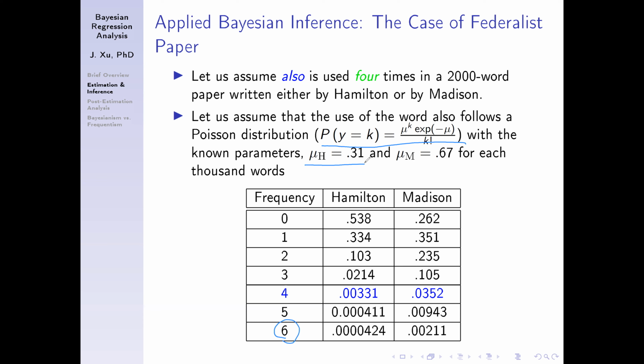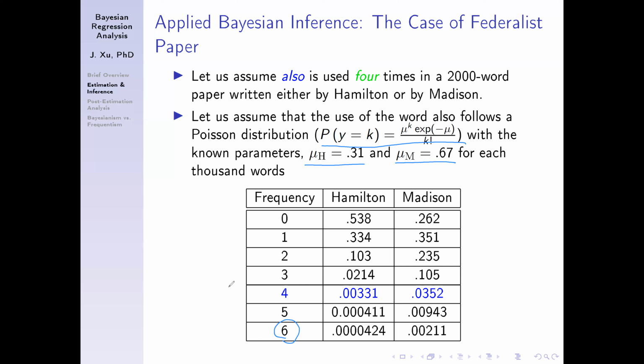So the parameter is actually going to double, right? And this is the mean for Madison, 0.67 for each 1,000 words. And the third column lists the probabilities for the corresponding frequency.